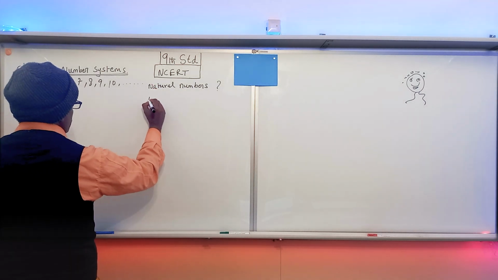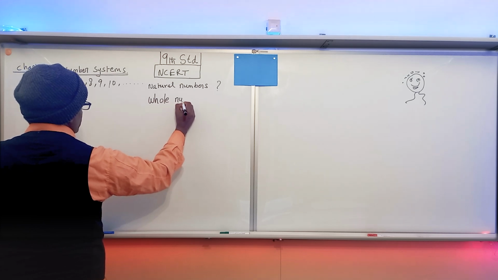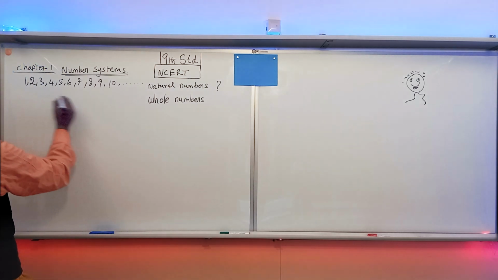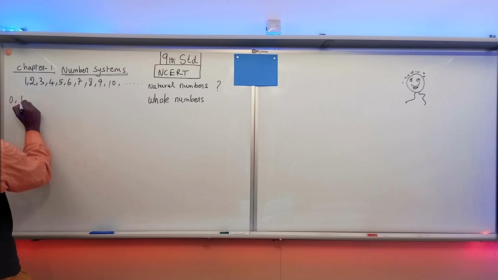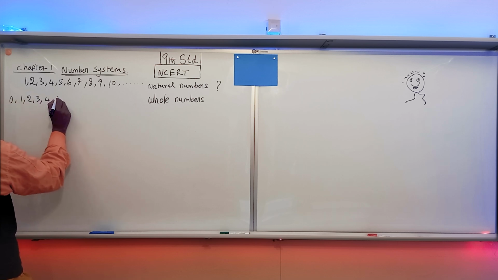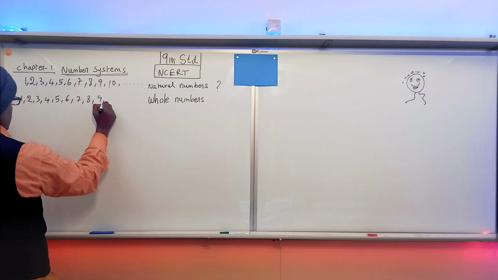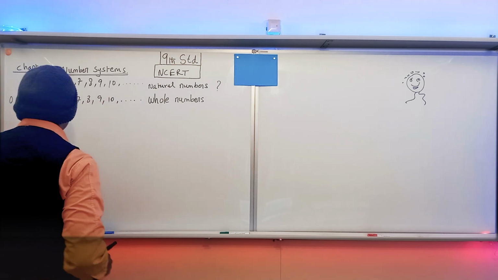Then next comes whole numbers. Whole numbers is just the same, but you add in the beginning 0. So 0, 1, 2, 3, 4, 5, 6, 7, 8, 9, and 10, and so on.